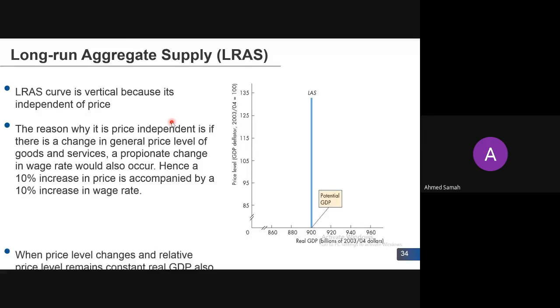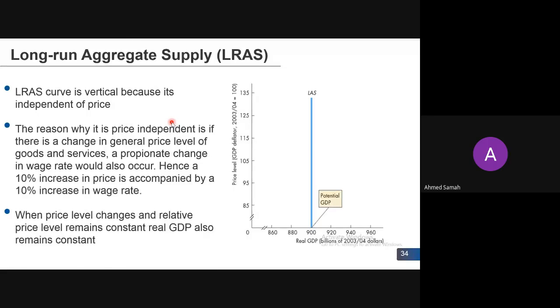So when the price level changes and the relative price level remains constant, the real GDP also remains constant. Because if prices increase by, let's say, 10%, accompanied by a 10% rise in wages, that means even though prices are increasing by 10%, your income has also increased by 10%.